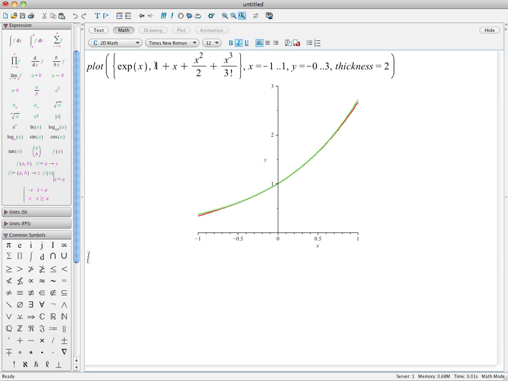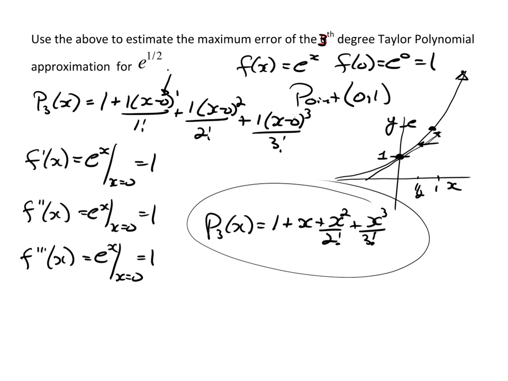So now let's get back to the idea of our maximum error. Now I know that the absolute value of this remainder polynomial is going to be less than or equal to some value M times the absolute value of x minus a to the n plus 1 over n plus 1 factorial.